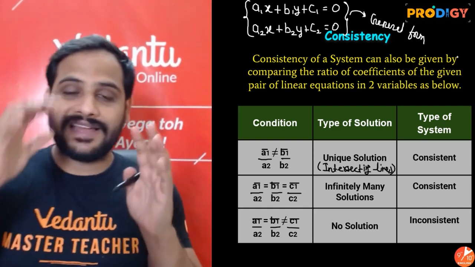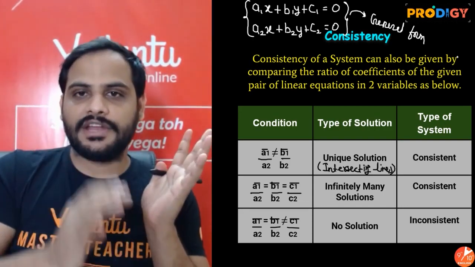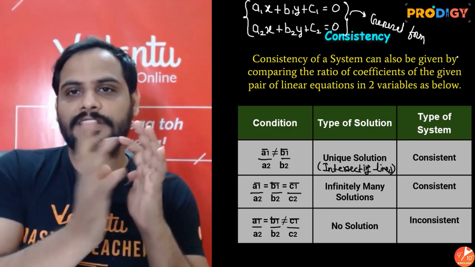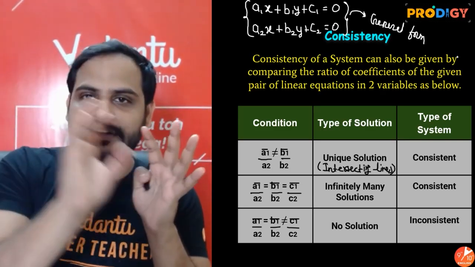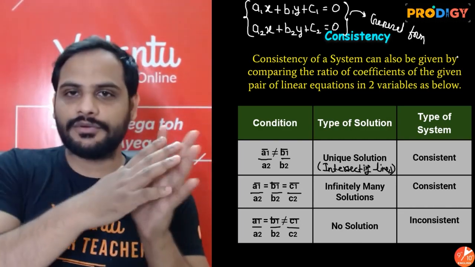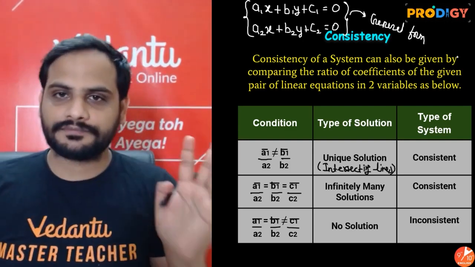So I would request all of you also that whenever you are finding out the value of A1, A2, B1, B2, C1, C2, convert those equations into the general form. That means write them LHS equal to 0. So whatever is given in the equation, shift everything to LHS and make it equal to 0. That will be your general form.